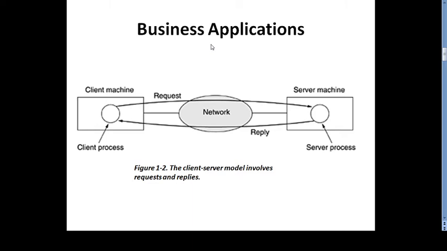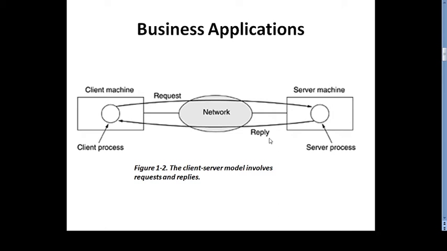If we look at the client server model in detail, there are 2 processes: one is the client process and the second is the server process, one on the client machine and one on the server machine. The communication takes place from the client process sending a message over a network to the server process. The client process waits for the reply message.